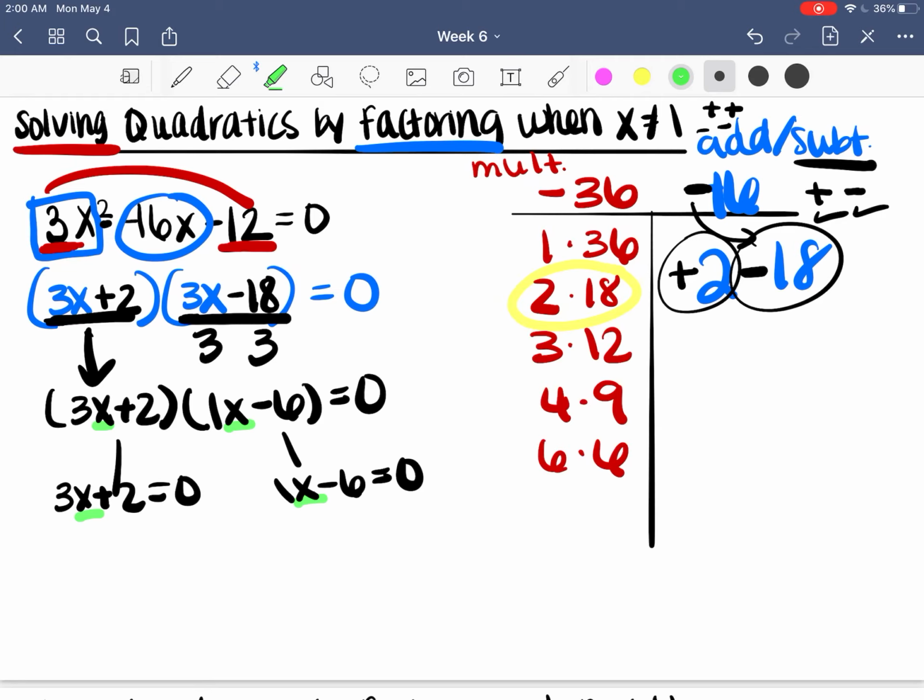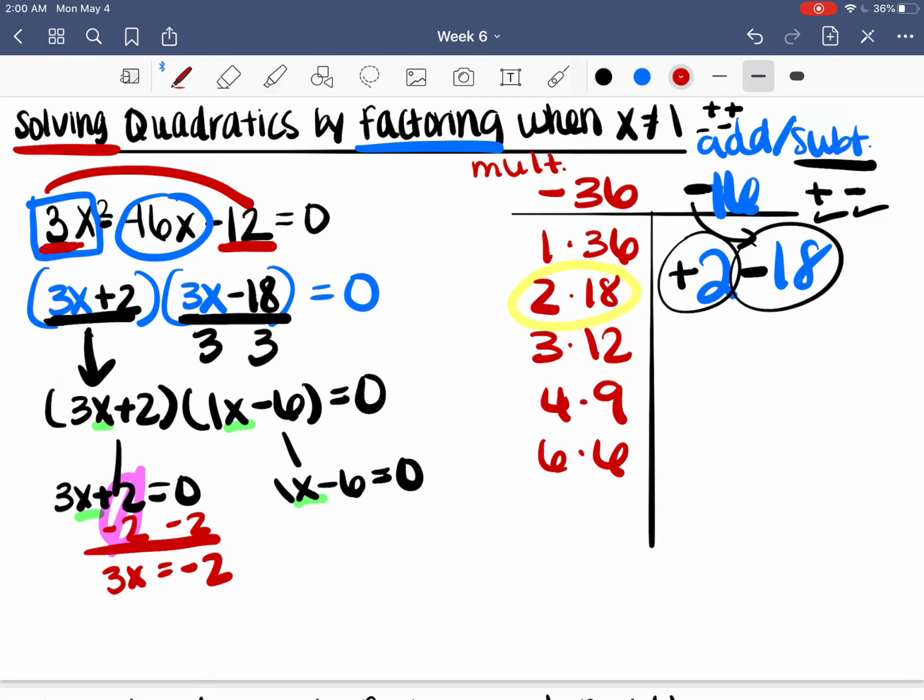Let me remind you that our goal is to get the x by itself. So let's do the 3x plus 2 first. If my goal is to get this x by itself, I need to first get rid of that 2. So on each side, I'm going to subtract 2, because a positive 2 and a negative 2 would cancel out and give me 0. So all I would be left with is 3x, and 0 minus 2 is negative 2.